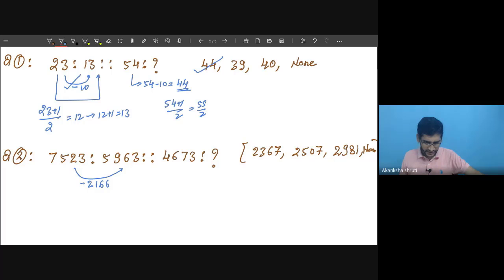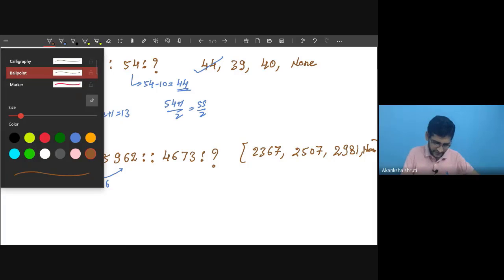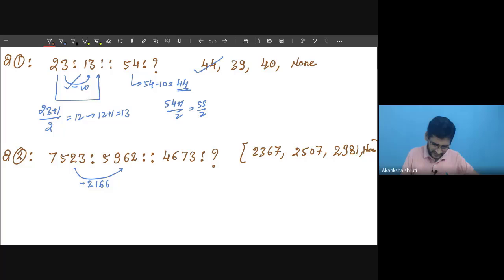In option question number 3, I have taken it slightly wrong. Students, correct this. Otherwise, you will not get the required option. 5962 and 752. It is your 8. Students, try it now.